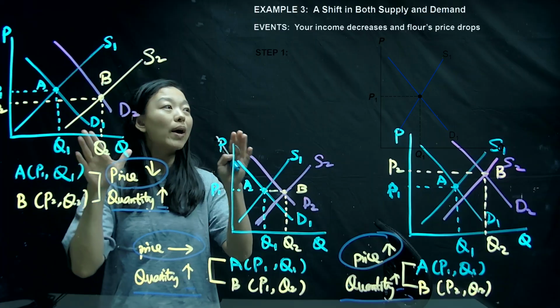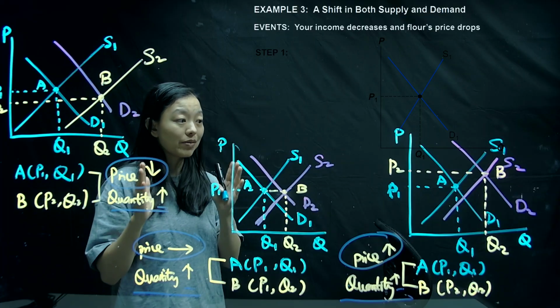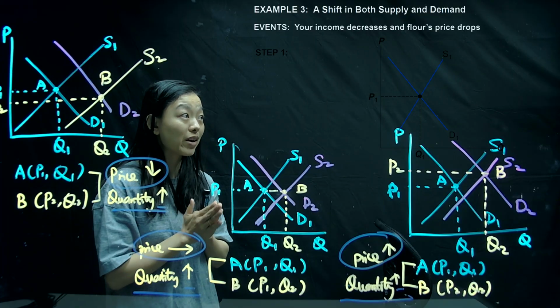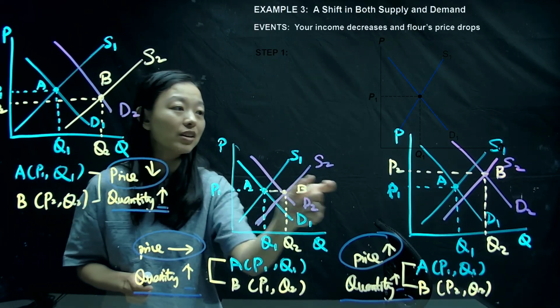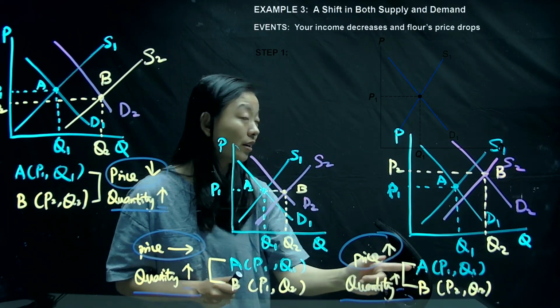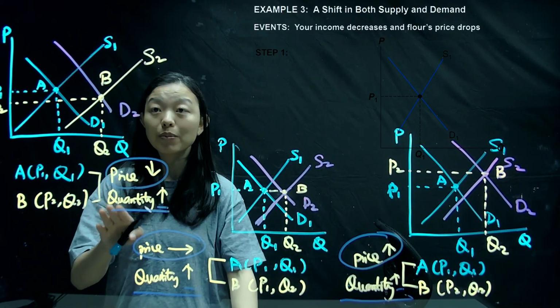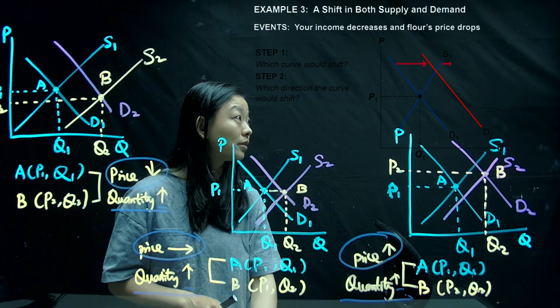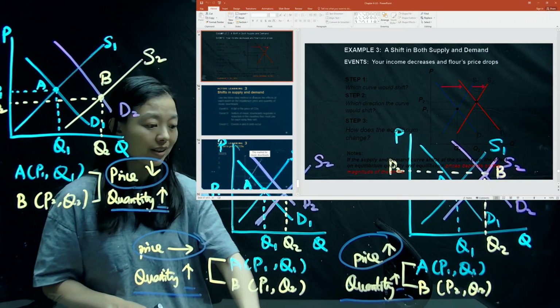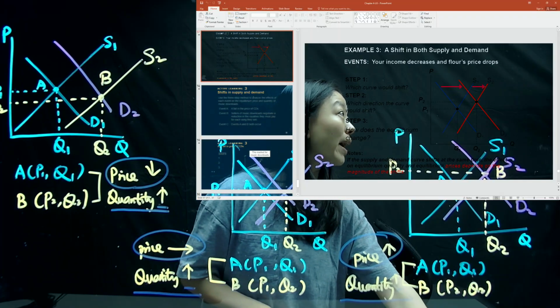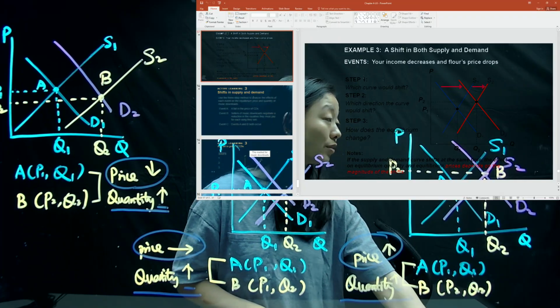So when the demand and supply curves shift at the same time, you should pay very close attention to the magnitude of how these two curves shift. Okay? So this will be very important in this chapter. You should be very, very careful about the magnitudes of these curve shifts.